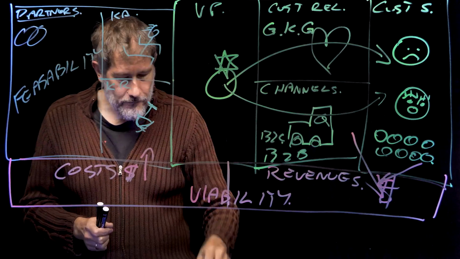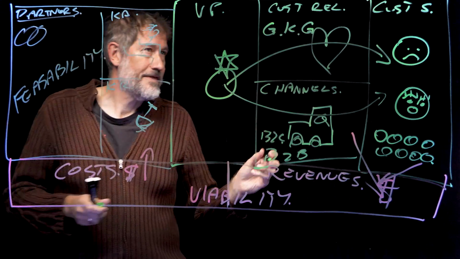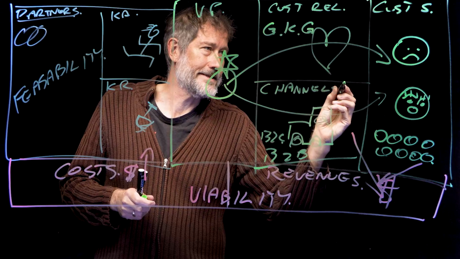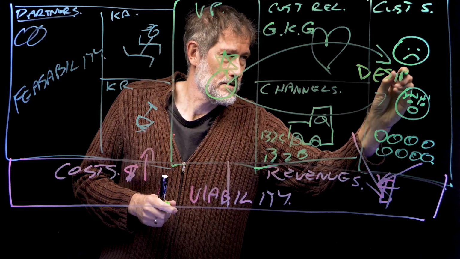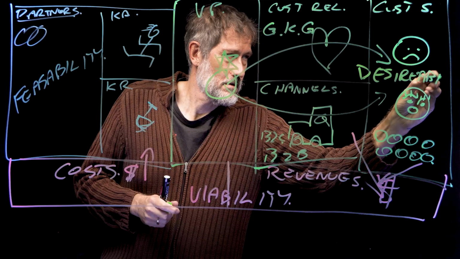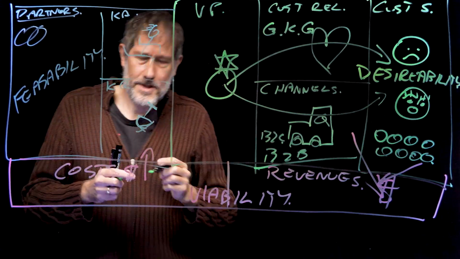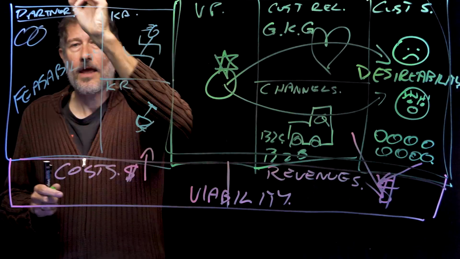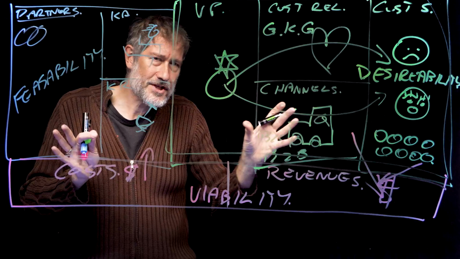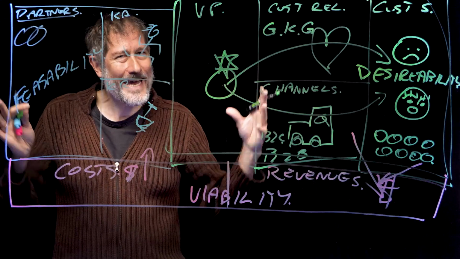And then on the far right side, find my green, this section over here is really about desirability. So when you see it that way, you've got these sort of three sections: desirability, feasibility, and viability. And these three sections here are sort of interconnected.